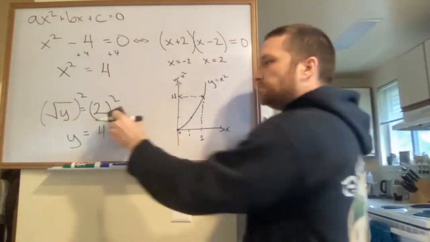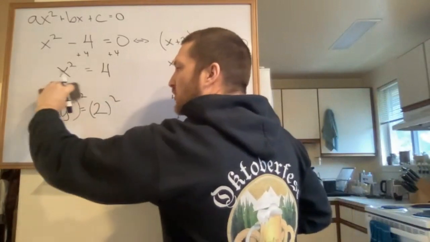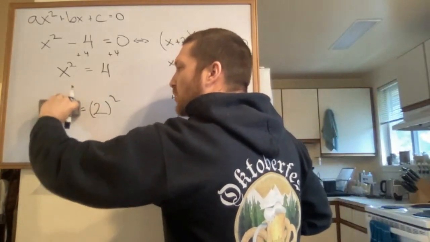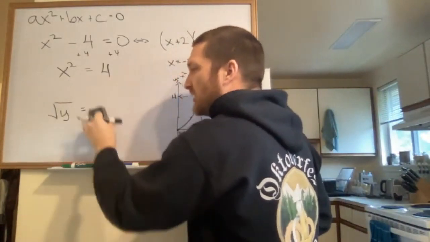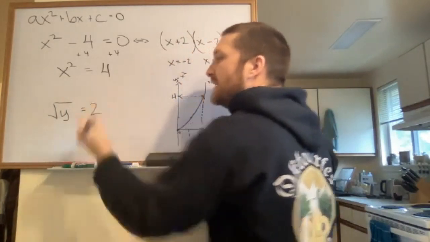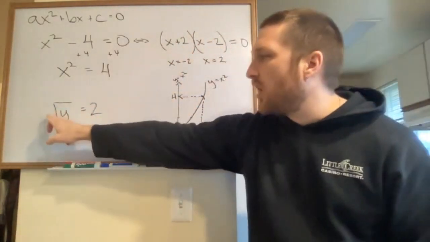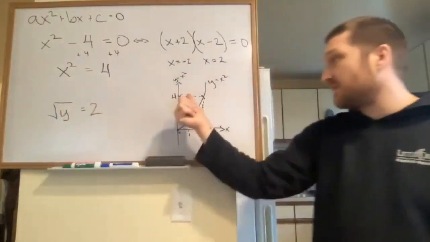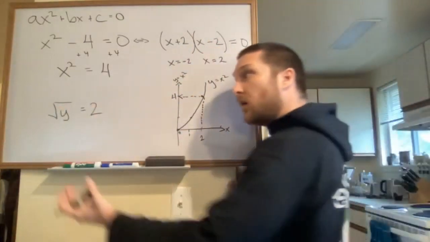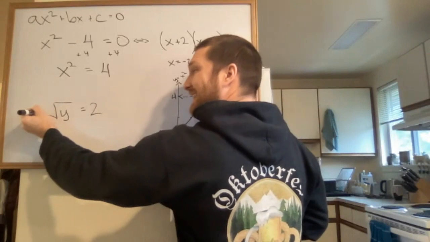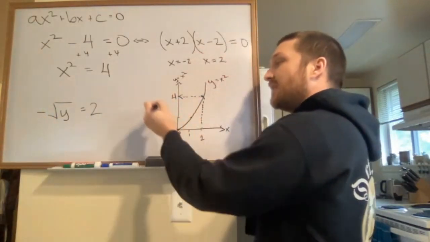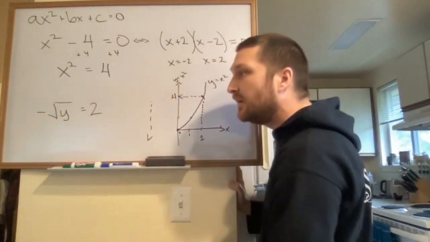Long story short, when your given equation has a root in it, it's only talking about, in this case, the positive square root. Or if I did something like this, I would be talking about the other side, that it came from over here.